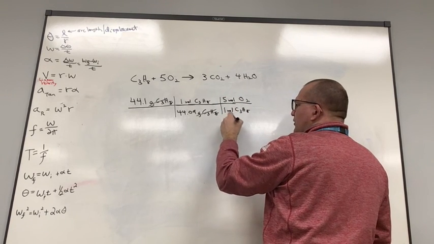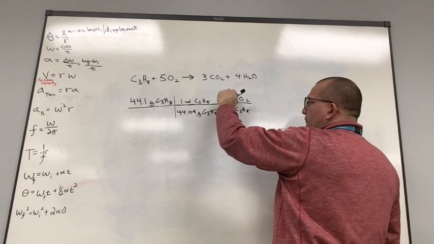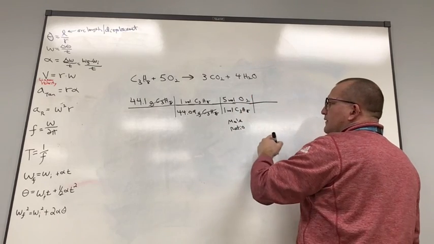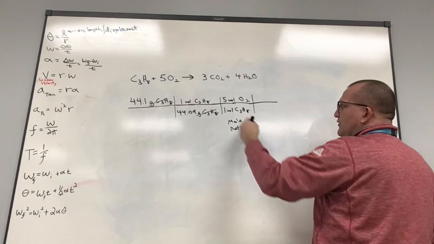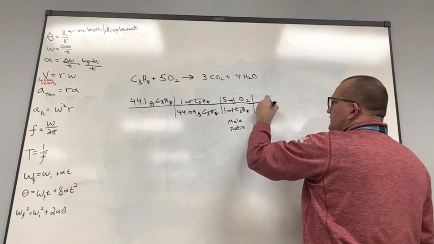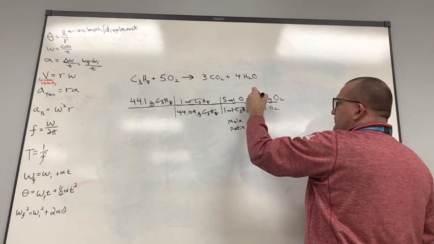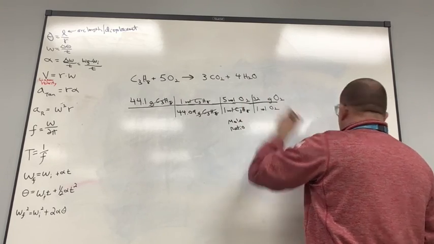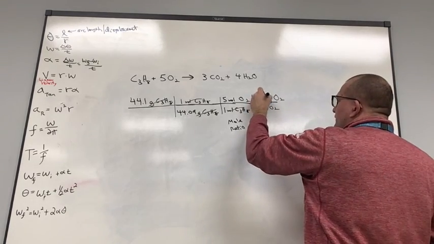This is my mole ratio step. Okay, moles of where I'm going to moles of where I started. And then I want to get to grams of O2. So if I go from moles to grams, I say 1 mole of O2 to grams of O2, which we've already determined is, I think we said 32, make sure I'm right, yeah, 32.00 grams of O2.